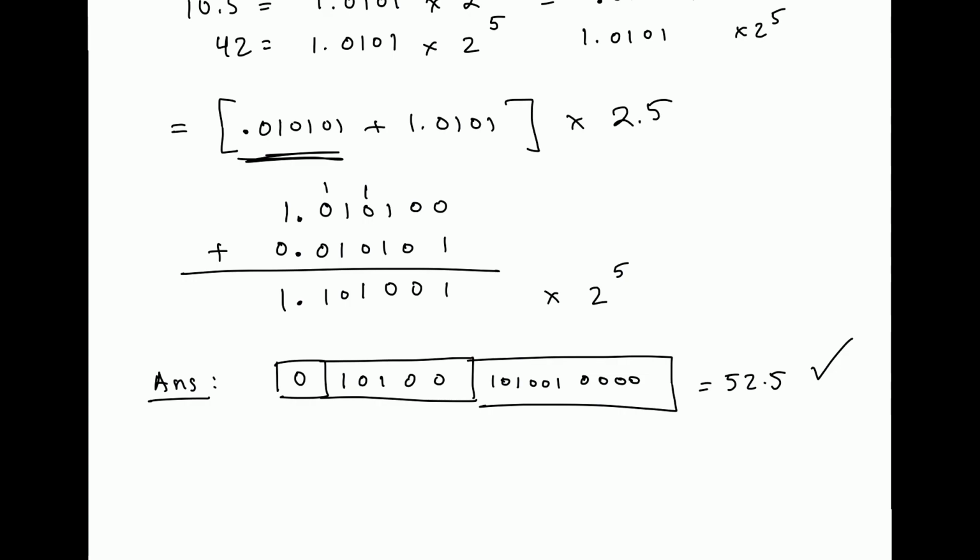All right. So the procedure for addition is, the first step is to make sure that the exponents match. Once they match, you can then do it and kind of go from there.